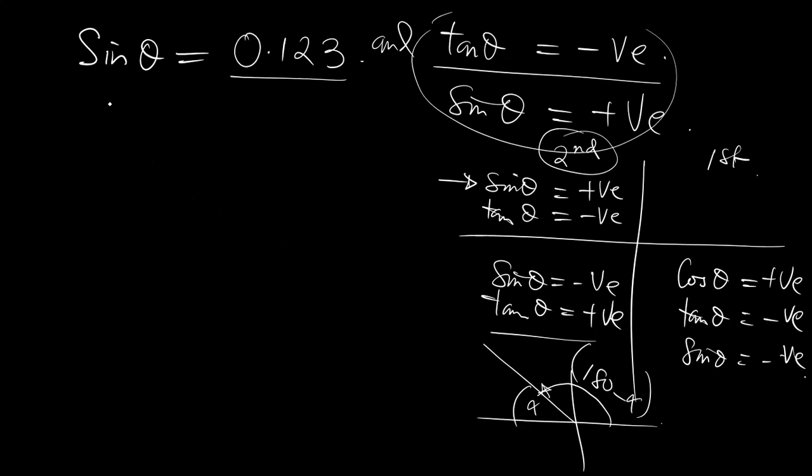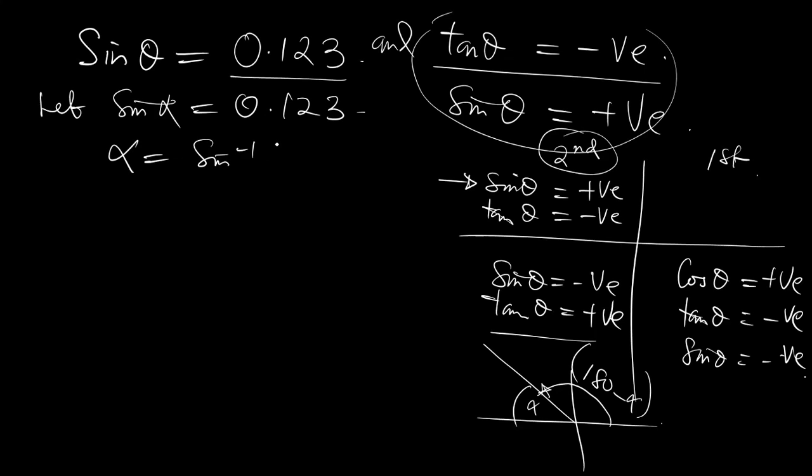So I can still make use of sine theta. Let me say sine alpha is equal to 0.123. Now the inverse of sine of 0.123, or you can say the arc sine, is another way of writing this inverse.